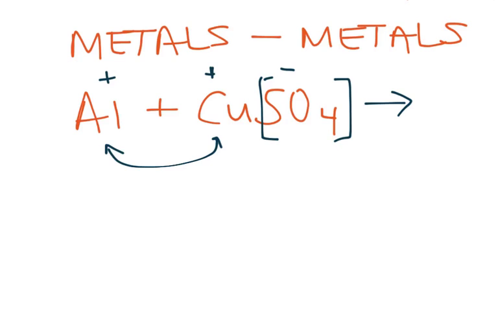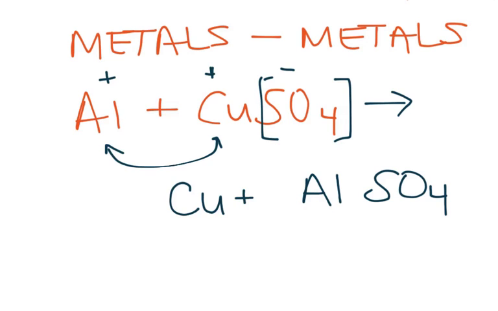Okay, metals can replace metals. So you would end up with copper on his own, okay, and aluminum matched up with sulfate. And of course, you've got to rethink the crisscross. When aluminum and sulfate come together, aluminum is a 3, sulfate's a 2, so you always have to rethink that. That's a single replacement reaction.